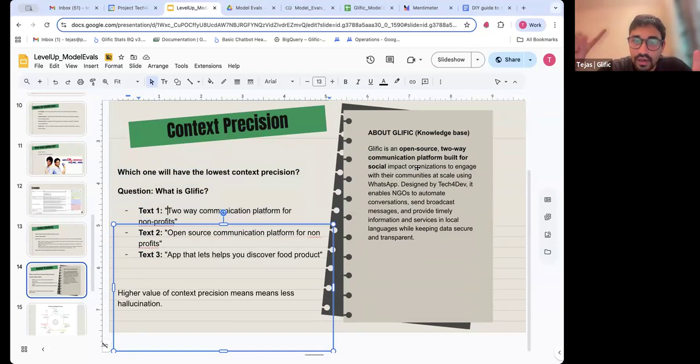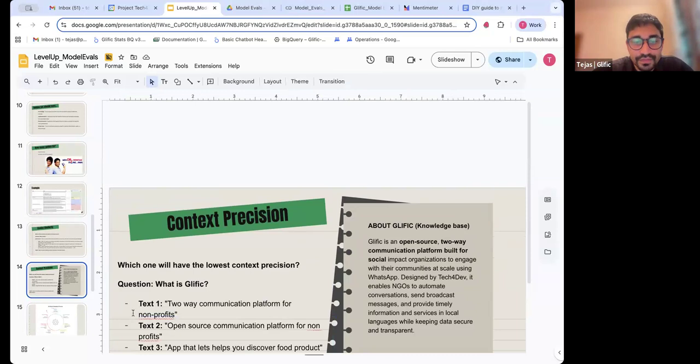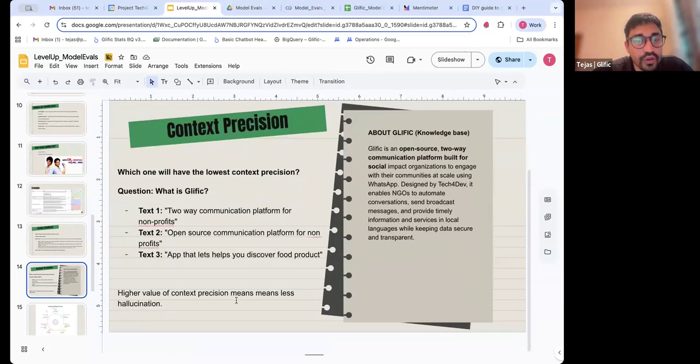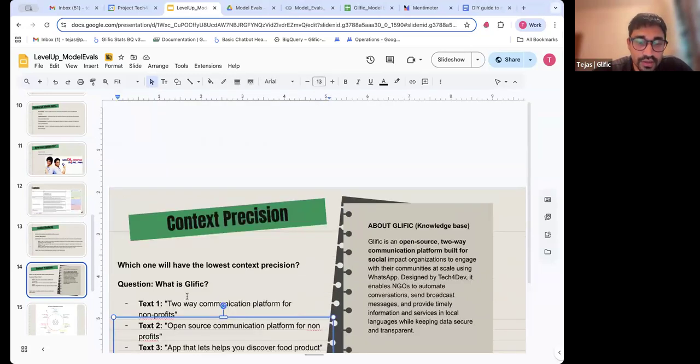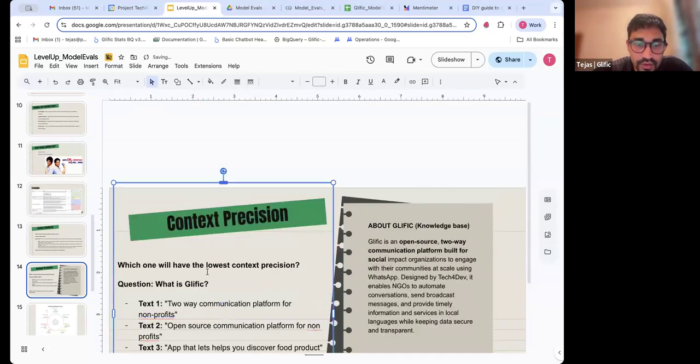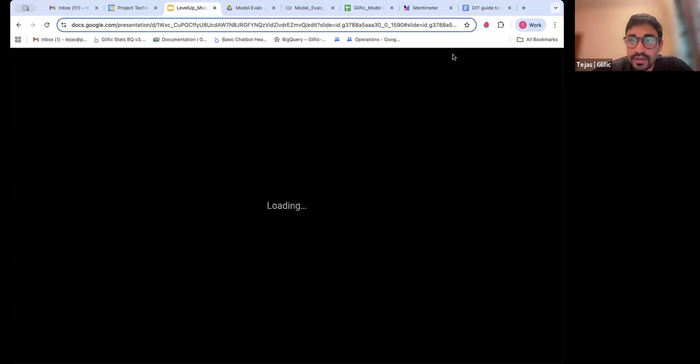What is the similarity between those things? That's what context precision checks. Again, a higher value means less hallucination, which means closer to one is better. Sorry, this must be annoying, but this is what we need.